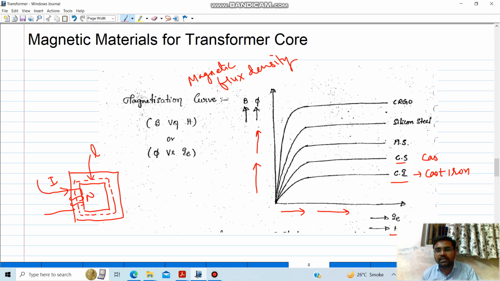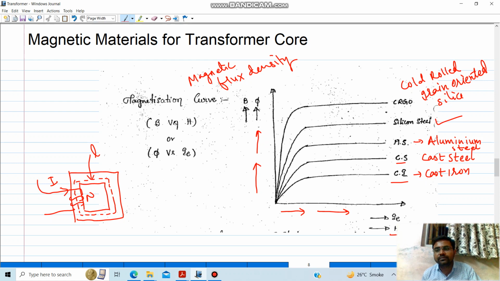Second is cast steel, then aluminum steel, then silicon steel, and this is cold rolled grain oriented silicon steel. This CR, in short, is also known as CRGO material.